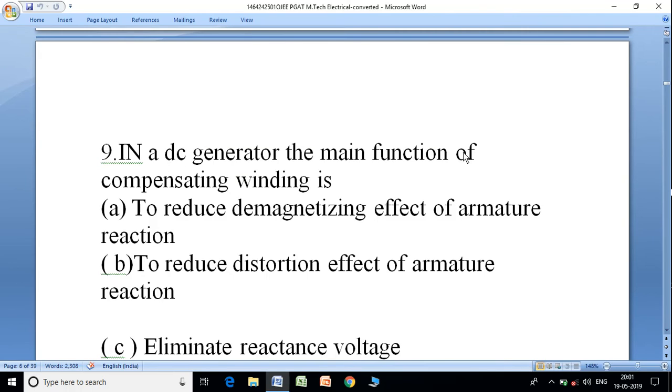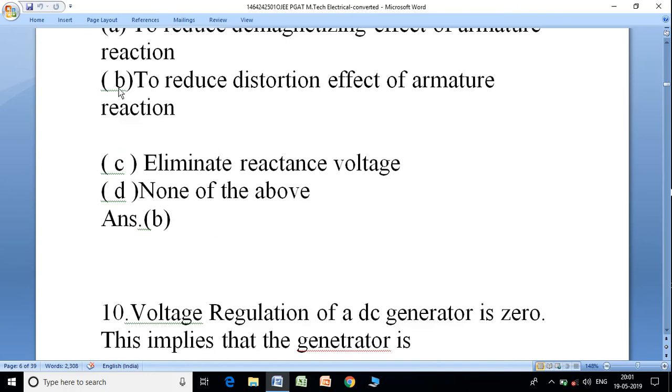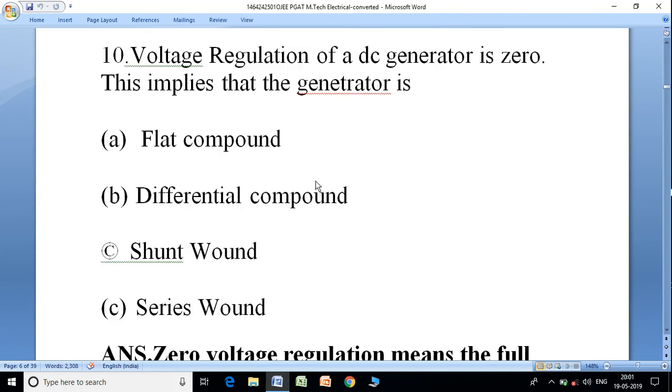In a DC generator, the main function of compensating winding is to reduce the demagnetizing effect of armature reaction, or to reduce the distortion effect of armature reaction. So answer B is the correct answer, to reduce the distortion effect of armature reaction. Next, the voltage regulation of a DC generator is zero.